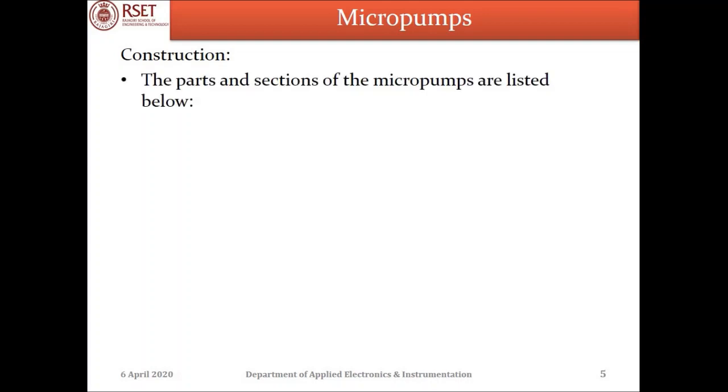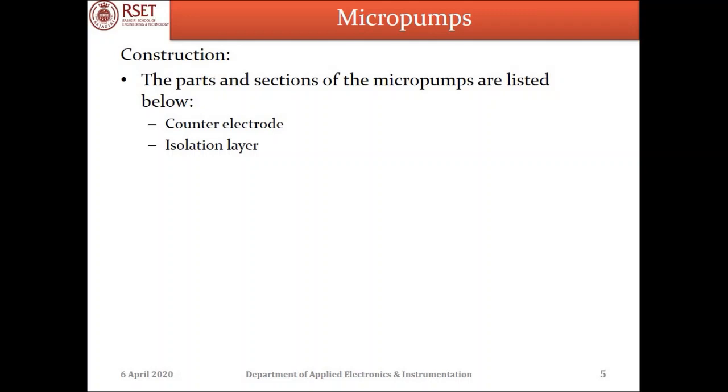So, more into the construction of a micropump, let us look into the parts and sections of the micropump. As I've said earlier, the diaphragm forms the most important part of the micropump, followed by a counter electrode, because two electrodes need to make up a capacitor.